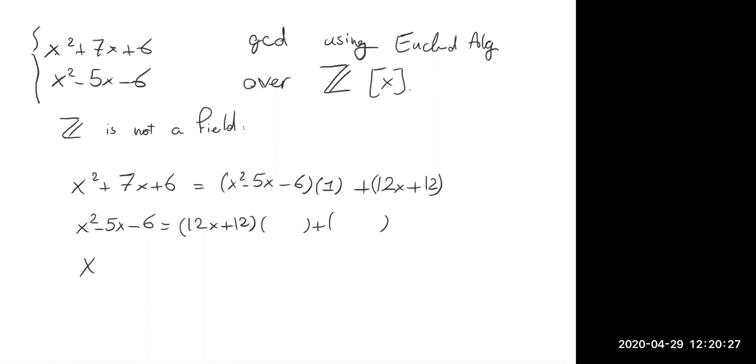But what is the result of this division? Can we do that? If I want to divide it by this, what should I write here? I want to find something such that if I multiply 12x by that, it would cancel x squared. Can I find something like that?